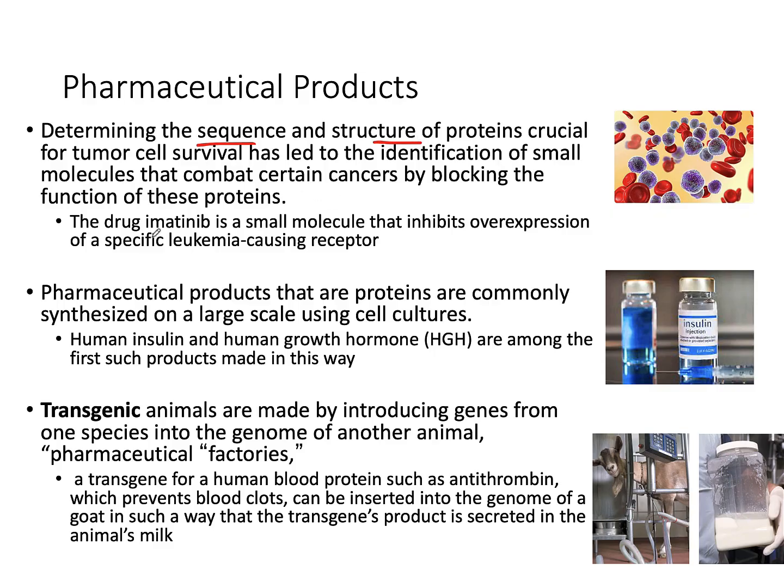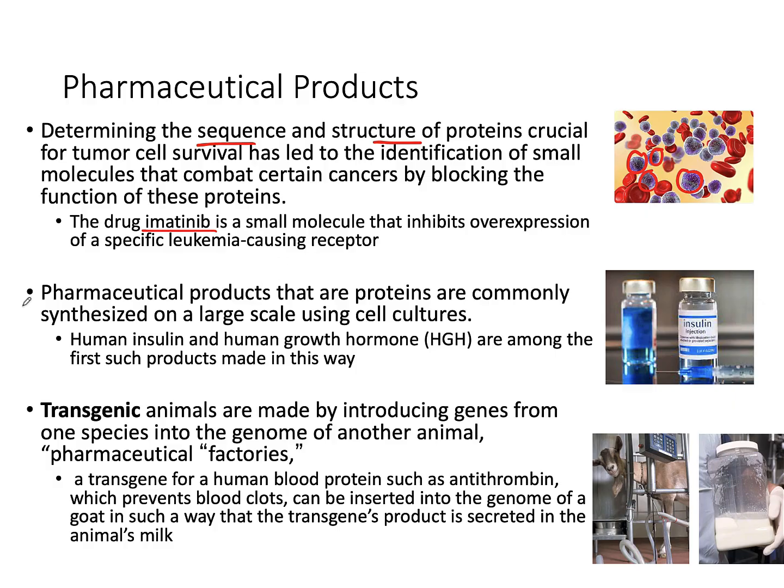Some drugs, like imatinib, inhibit leukemia by causing problems with the function of that protein. Leukemia is when you have too many white blood cells, and it is a type of blood cancer. By taking this drug, it's going to inhibit the production of those white blood cells and help the person not have leukemia.